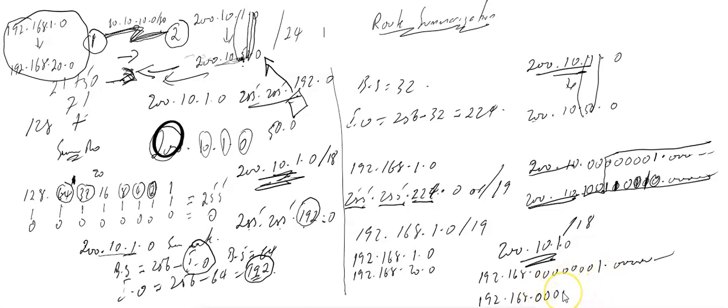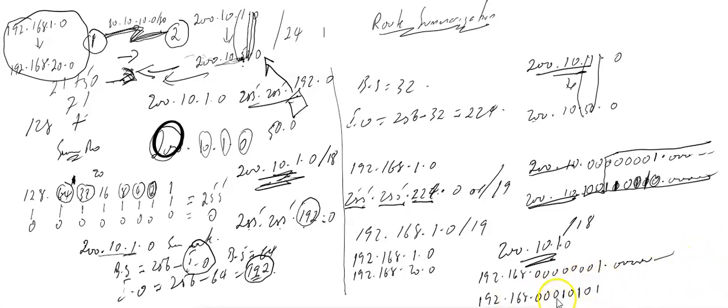I have 16. 16 will be 1, remaining 4, right? This will be 0, which is 8. Then this will be 1, which is 4, so that's 20. Then 2, 1.